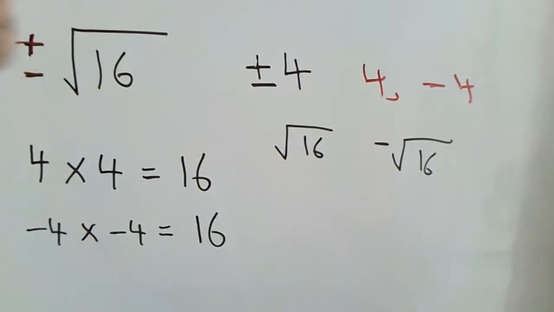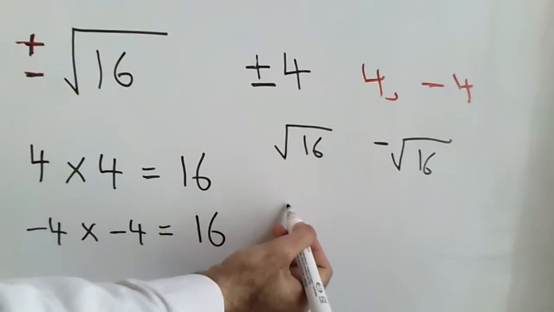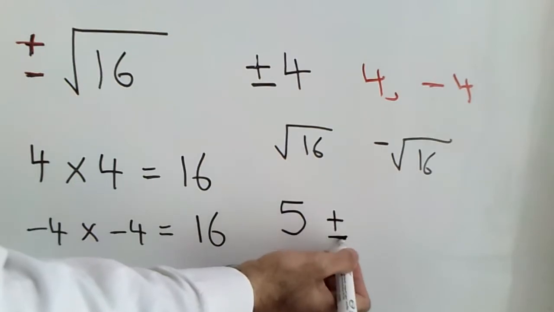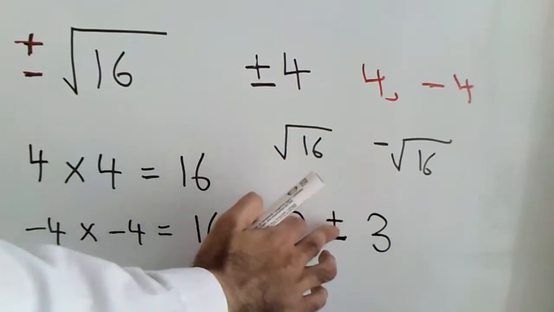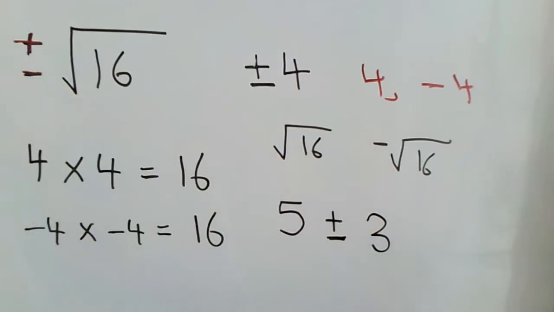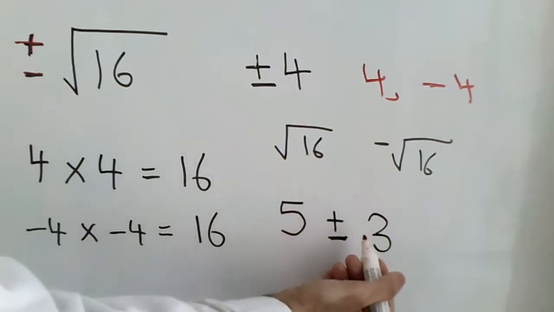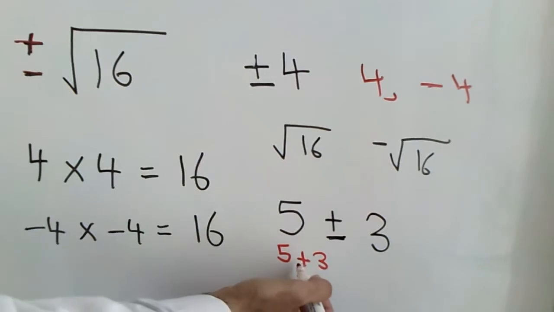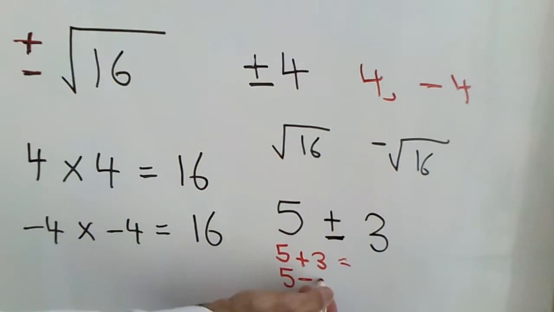Just continuing on with this notation, what would something like 5 plus and minus 3 mean? That means there are two possible answers. There are two possible ways you could do it: you could say it's 5 plus 3, or it's 5 take away 3.